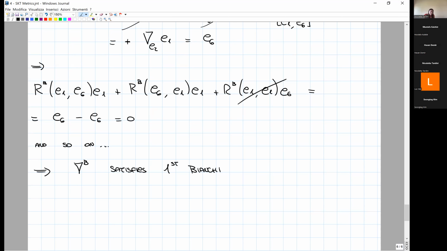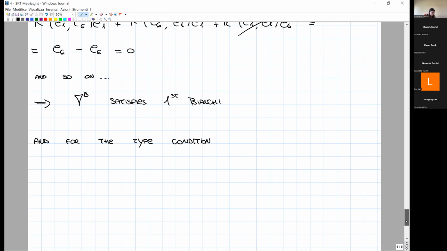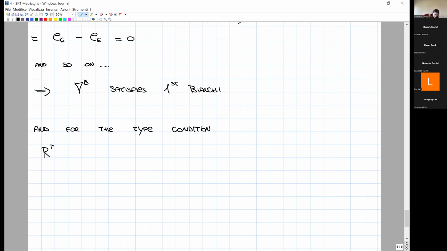And similarly, if you want to check the other condition, the type condition, you can check, for instance, RB of JE1, JE6, E1, and you want to be sure that you can get rid of these two J's. Okay, because the second condition is a J invariance condition.